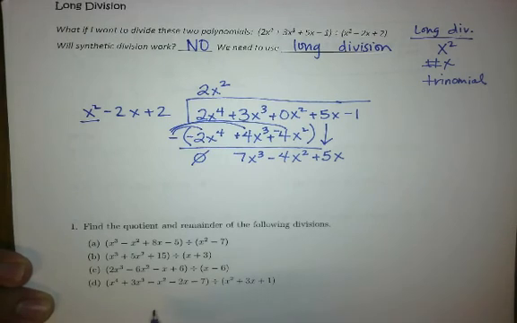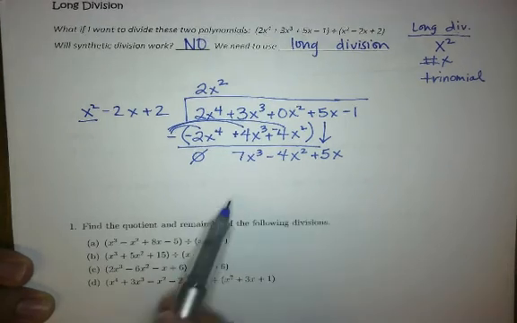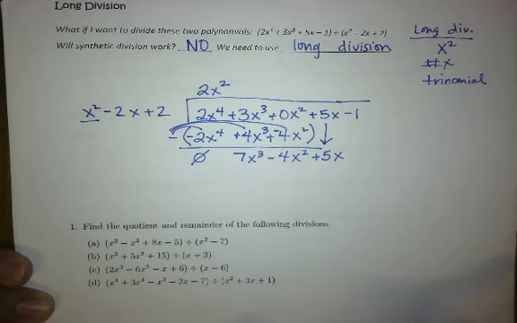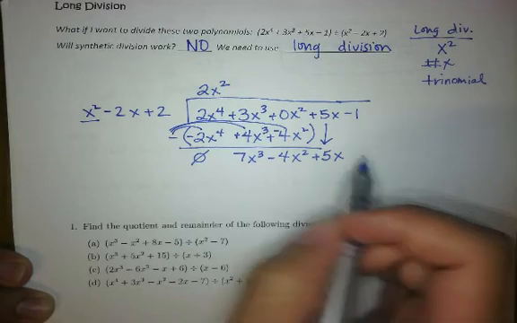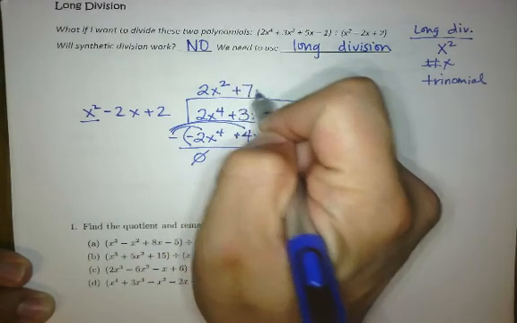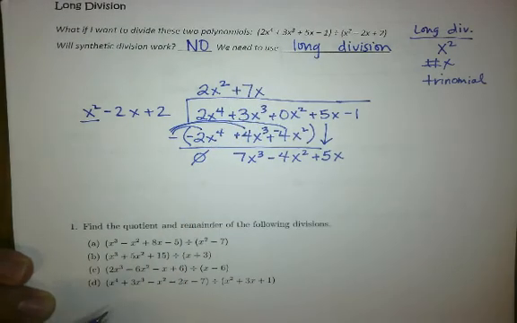And what do you think? X squared times what is going to give us 7x cubed? You're close. It should just be 7x.